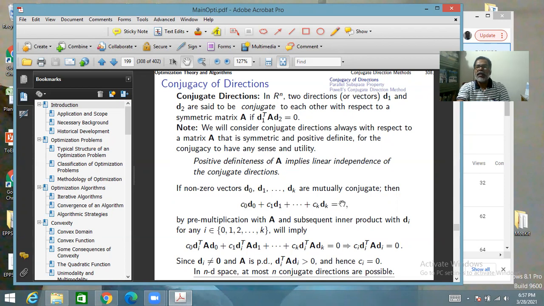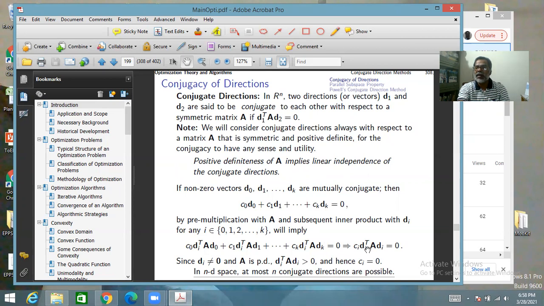So you take this sum as 0 and pre-multiply the entire equation with di transpose A, where di is one of these. Since they are conjugate, di transpose A d0, di transpose A d1, all but one will become 0. The one which has di already sitting earlier, that will become ci times di transpose A di.